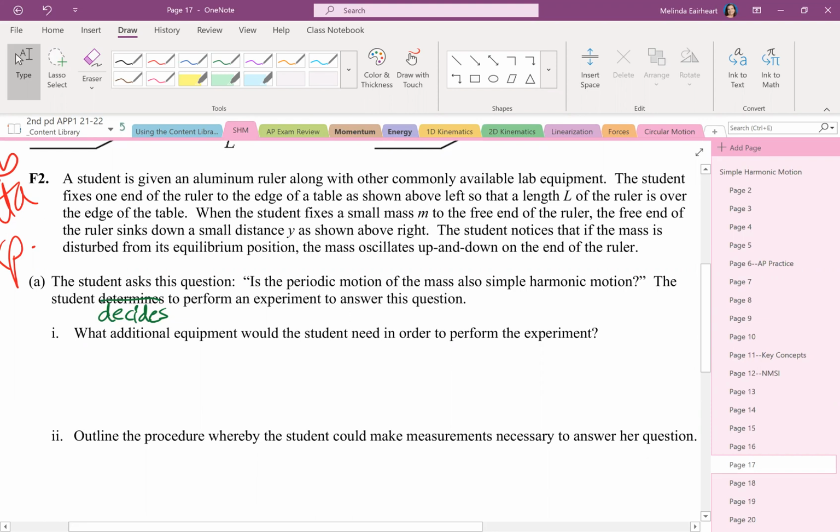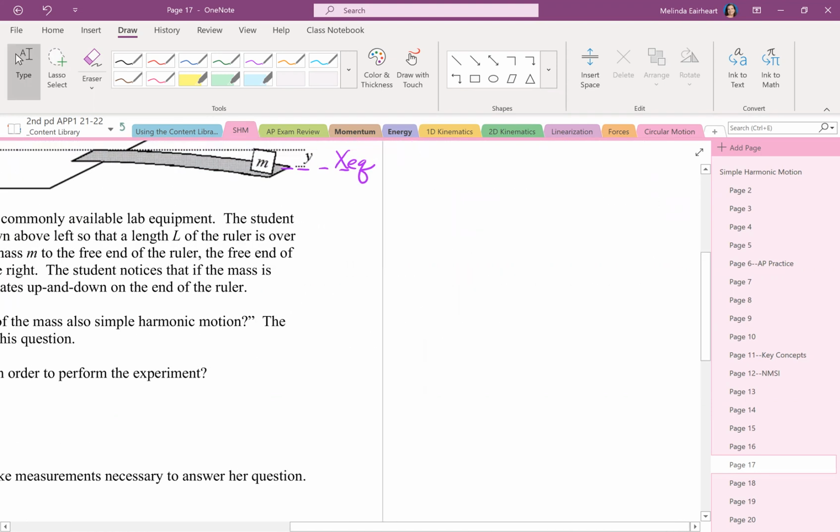Is anything coming to mind? Let's brainstorm on the right. Simple harmonic motion. It's not a spring, but we do have a mass. Measure. Okay, so we would want a scale maybe to measure the mass and get the weight of it.